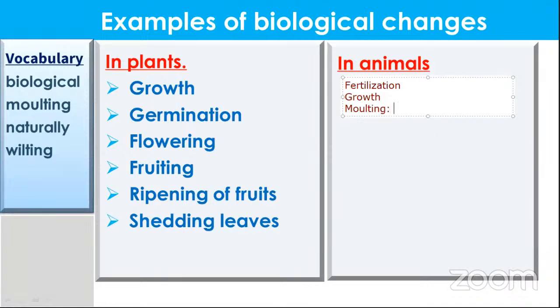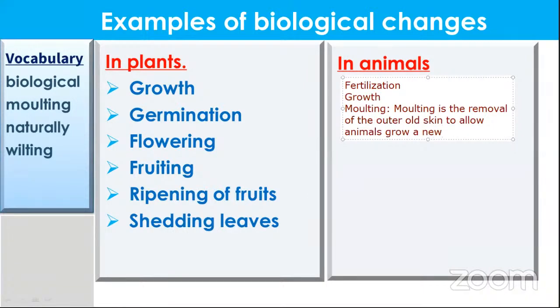Let me try to write for you here. It is very important for you to know this because they can ask you. So when we talk about molting, you can take note of that, my learners and my viewers. Molting is the removal of the outer old skin to allow animals grow a new skin and increase in size.